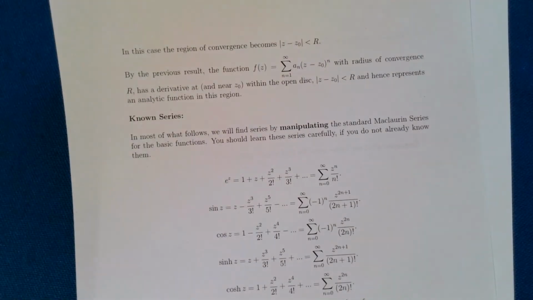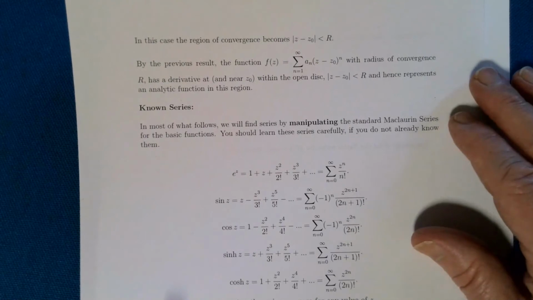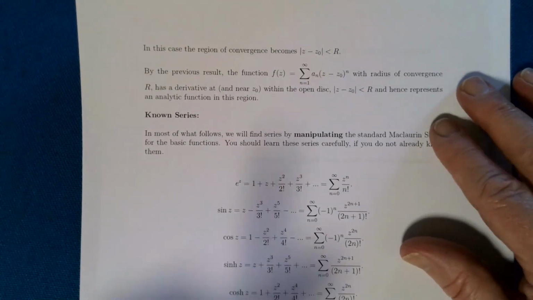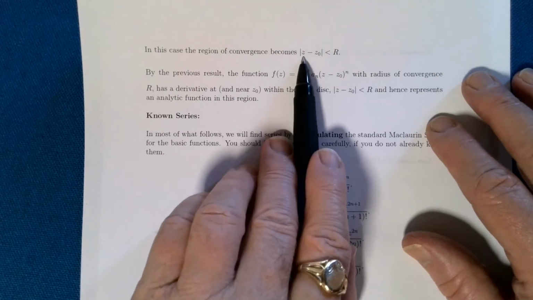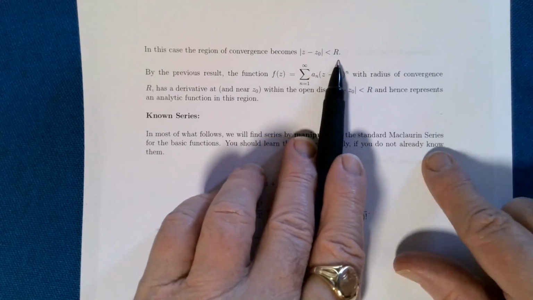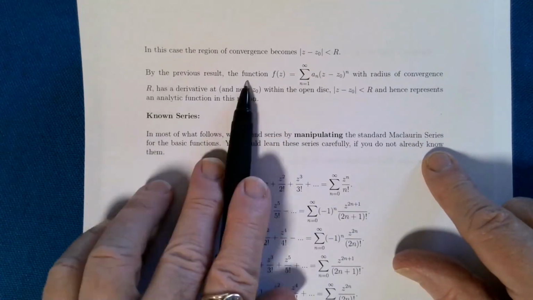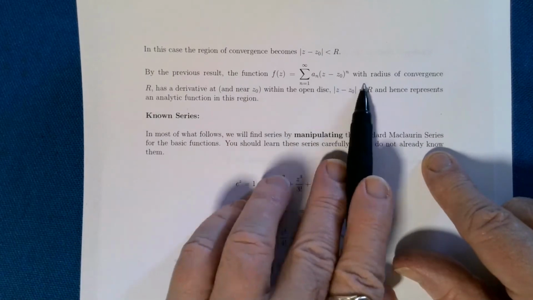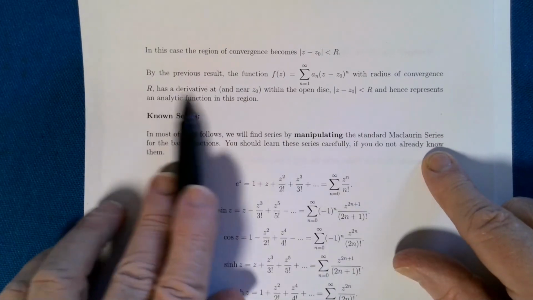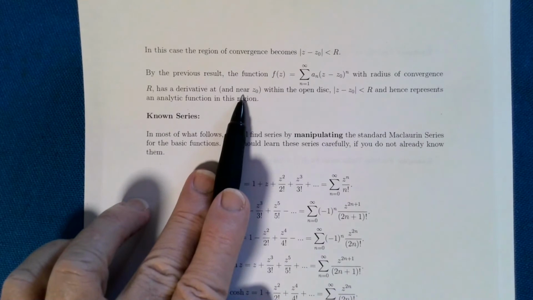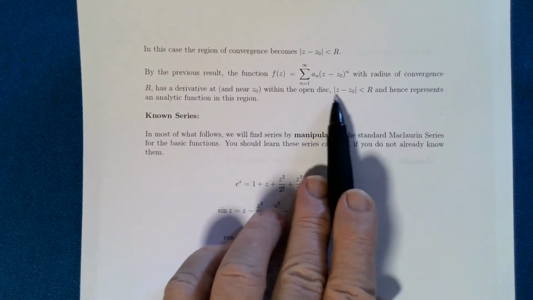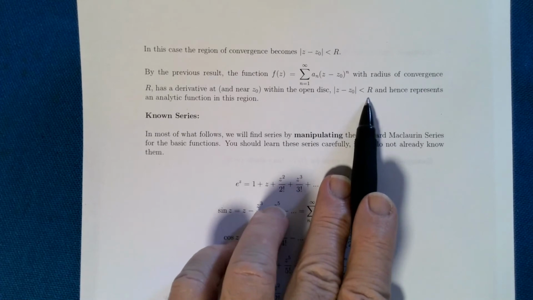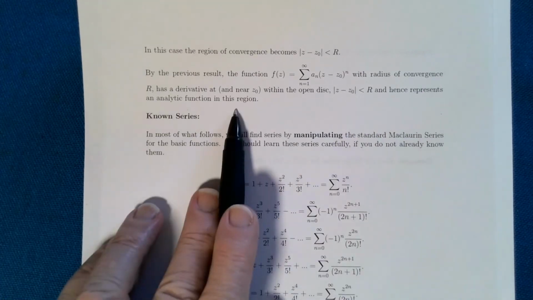In this case, the region of convergence is simply moving the origin, so it's the modulus of z minus z0 less than r. So as with the previous result, that function with a radius of convergence r has a derivative at and near z0, provided we stay inside the open disk mod z minus z0 less than r, and hence it represents an analytic function in this region.